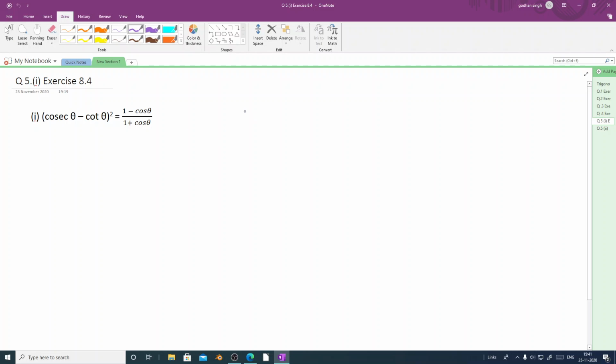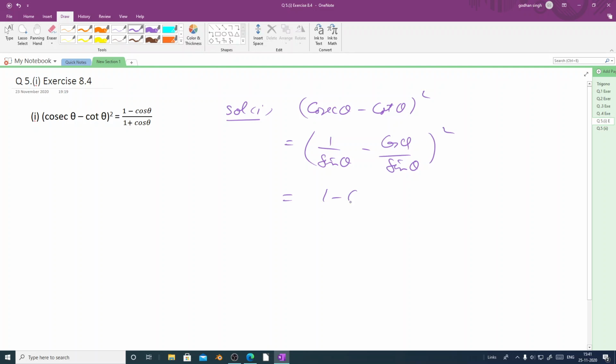Solving first part, solution 1. I will be solving the left hand side. So what we have is cosec theta minus cot theta whole square, and cosec theta we can write as 1 by sine theta, minus cot theta can be written as cos theta by sine theta, whole square. This we can write as 1 minus cos theta whole square over sine square theta.